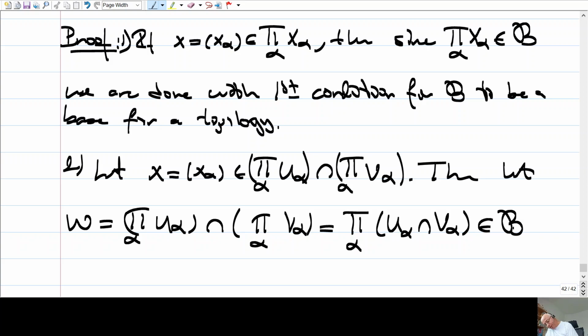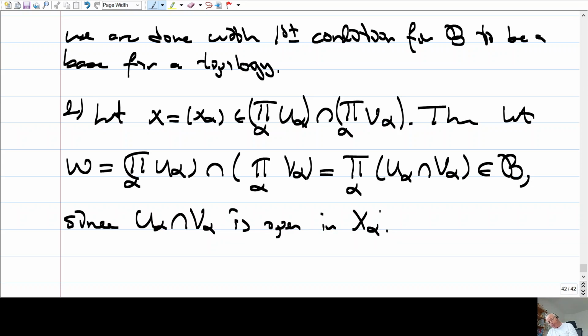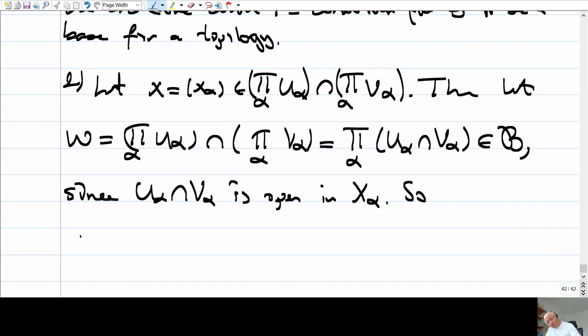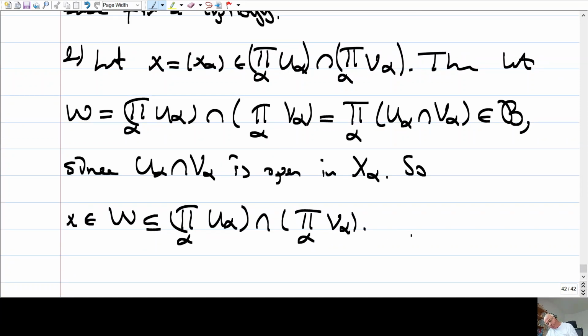And this is also an element of B, because each of these is open in X alpha, therefore this is open in X. So we have X in this W, which is a basis element, and it is equal to the intersection, and so also contained in the intersection, of course.